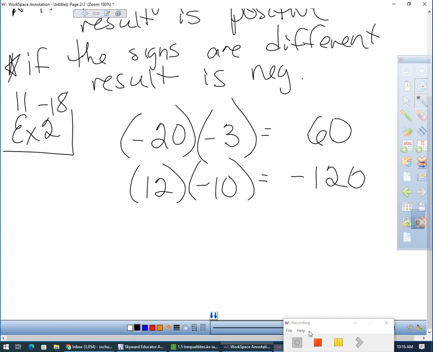Now, of course, if we're talking about real numbers, let's add a fraction in here. So let's say I have 2 1/3 times negative 1 1/6. That looks good.